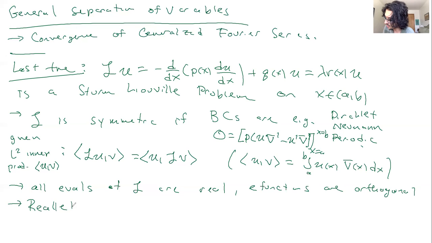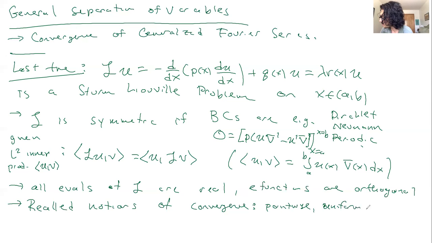We also recall different notions of convergence. What are these? Well, there's three main ones that we talked about. Pointwise convergence, uniform convergence, which is stronger, and L2 convergence. Just to sum up, we have pointwise convergence if f_k goes to f of x.